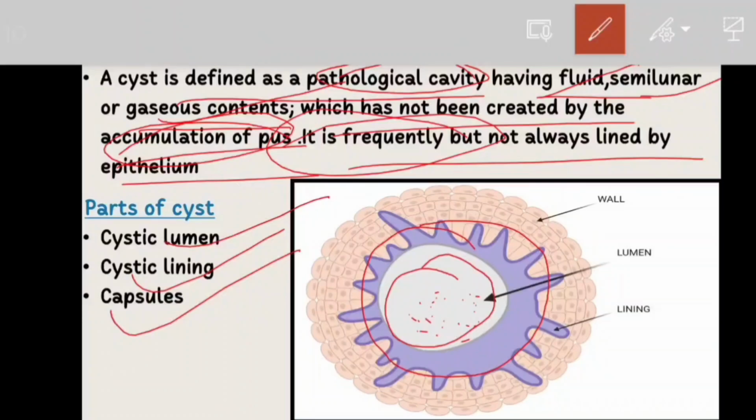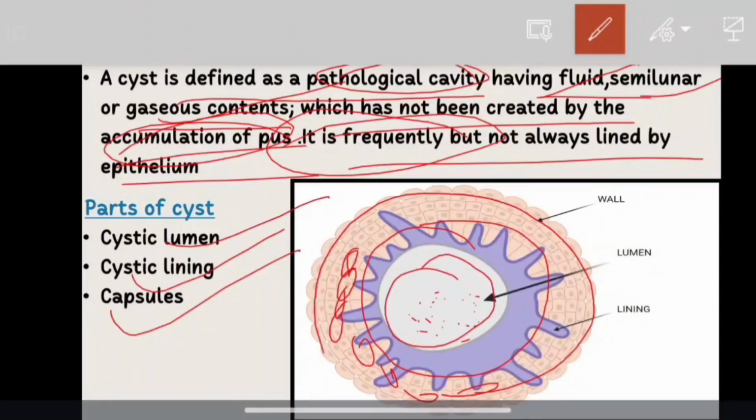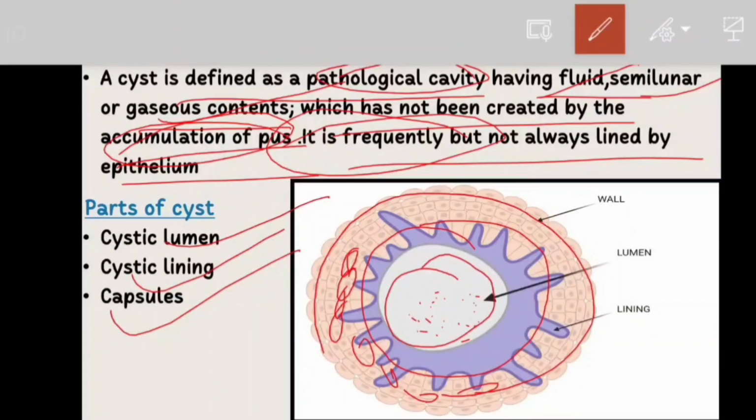In a true cyst, this lining is made up of the epithelium. The third one is capsule. The capsule is the outer connective tissue component which is surrounding the cyst. So, remember it like this: lumen to lining, then lining to capsule. So, think from inside to outside.